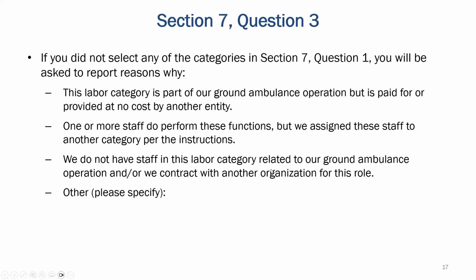The other one I'll mention is that you do have an other option here, so you can write in your own explanation. In most cases, you'll be able to square your situation with one of these first three bullets.